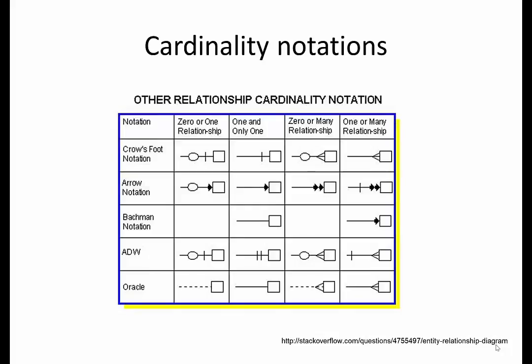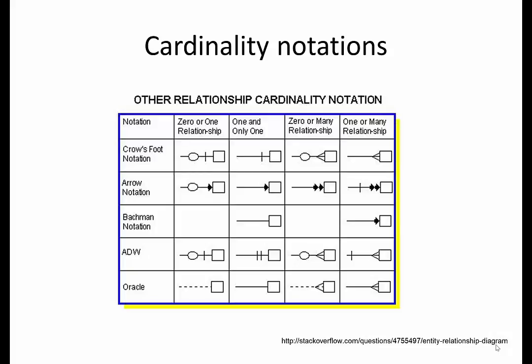Cardinalities are often represented as numbers, but there are also graphic styles, and indeed they started off as graphic styles. Here are a number of the different notations. I did mention that there are a number of different notations used on entity attribute relation diagrams. Here are some of them.